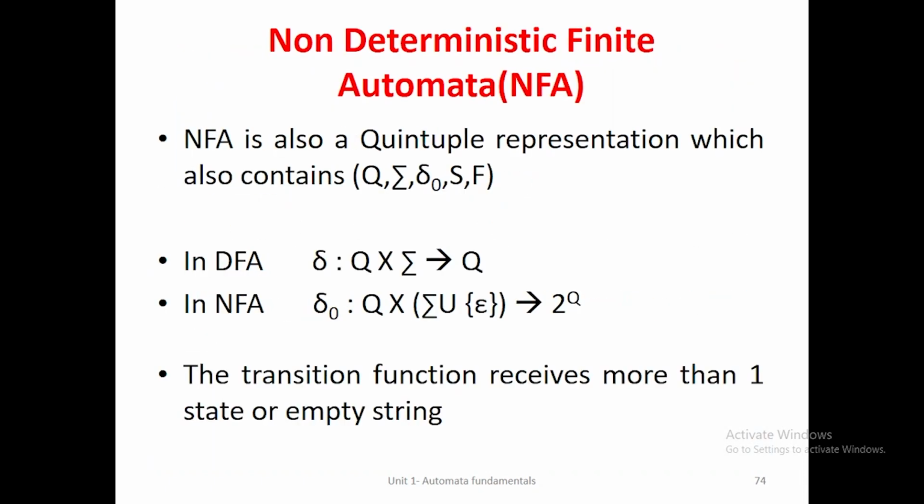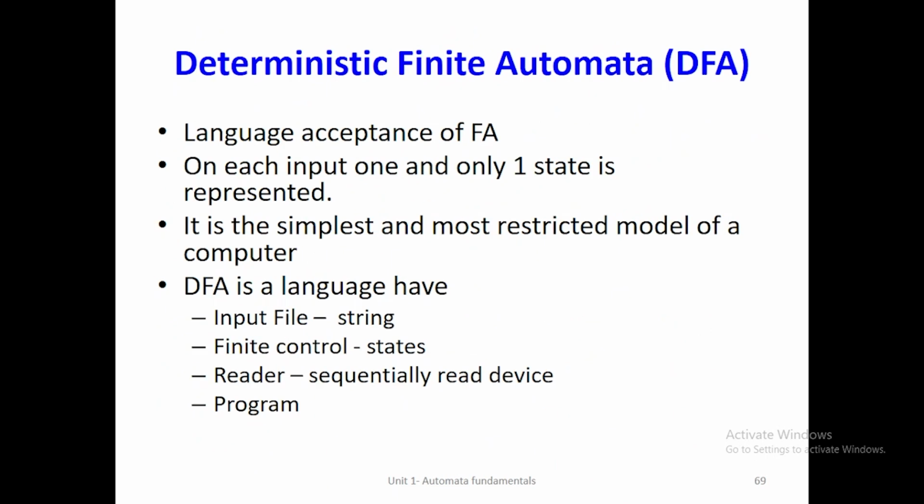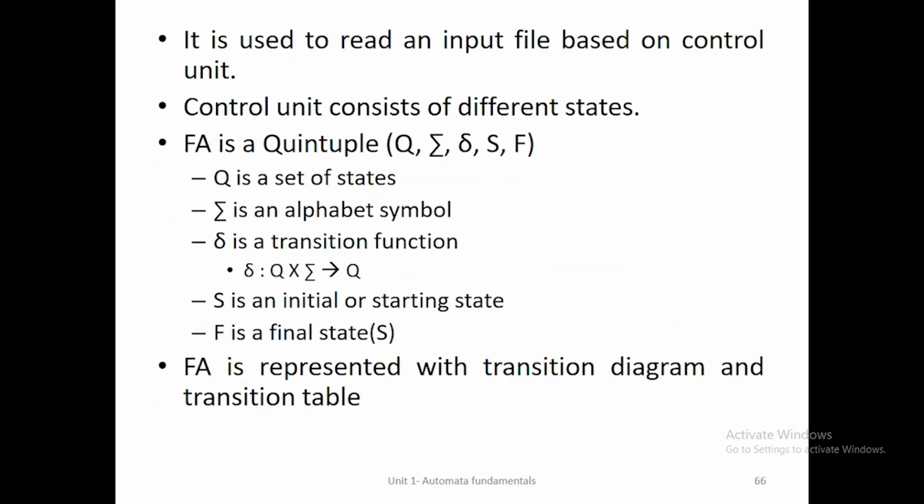So what is the basic difference between NFA and DFA? The finite automata is also called a deterministic finite automata, and it contains only one outflow, that is, Q0 with only one outflow. This is DFA.